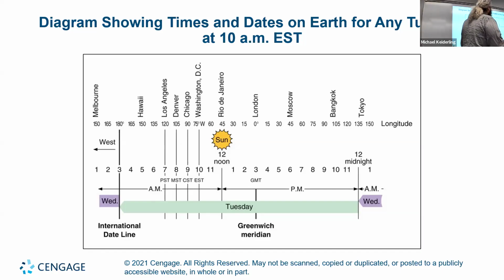And then if you go east, you come the next day, Wednesday, 1 a.m., 2 a.m., and then at the international date line, 3 a.m., kept going east, you jump back to Tuesday at the Greenwich Meridian. So traveling east, the time goes up, but if you cross the date line going east, the date goes backwards.